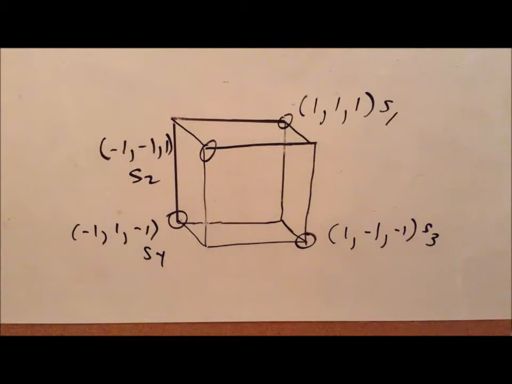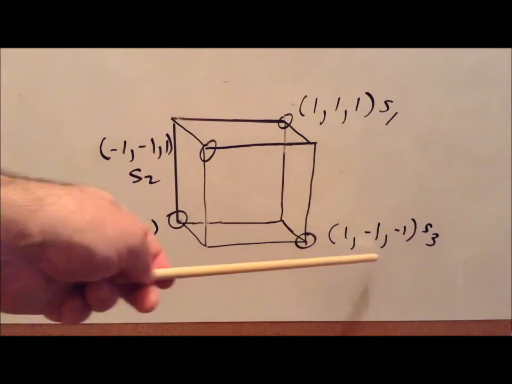To help keep track that you haven't inadvertently mislabeled one of the points, we notice something about the number of negative coordinates that we have here. In this particular case, we have 0 negative coordinates. Here we have 2 negative coordinates. Here we have 2 negatives. And here we have 2 negatives.